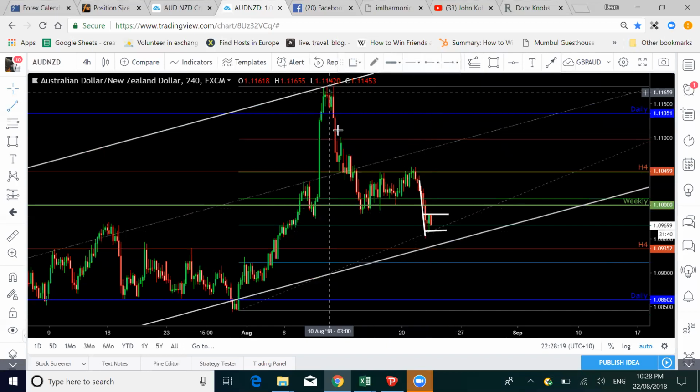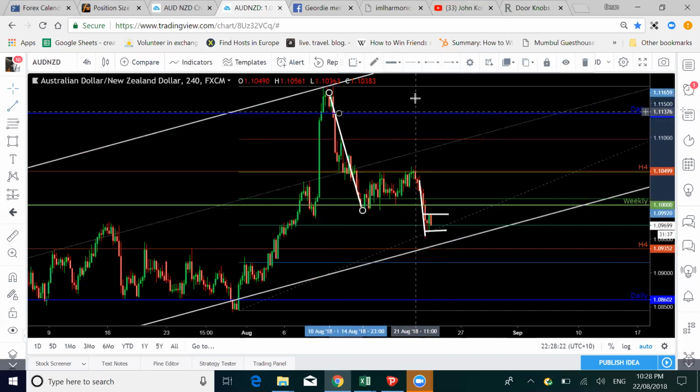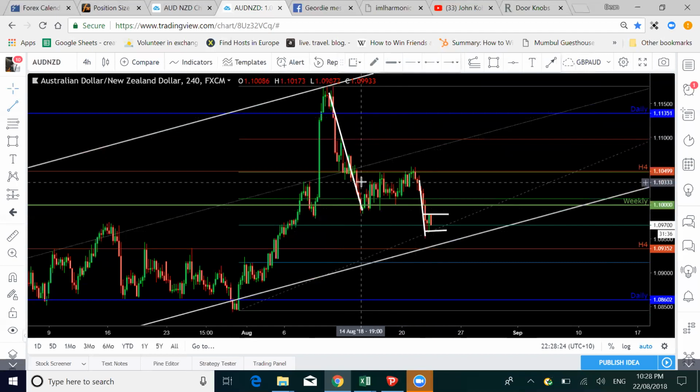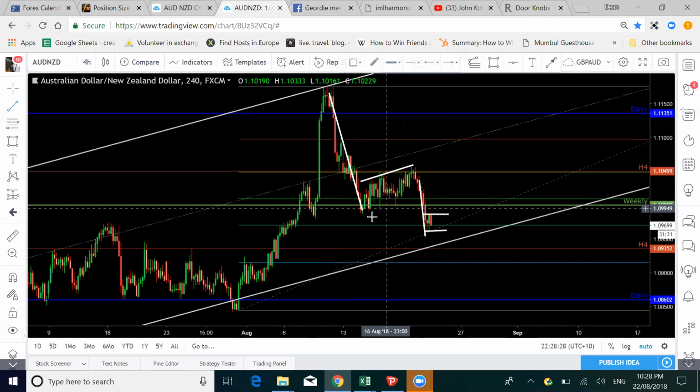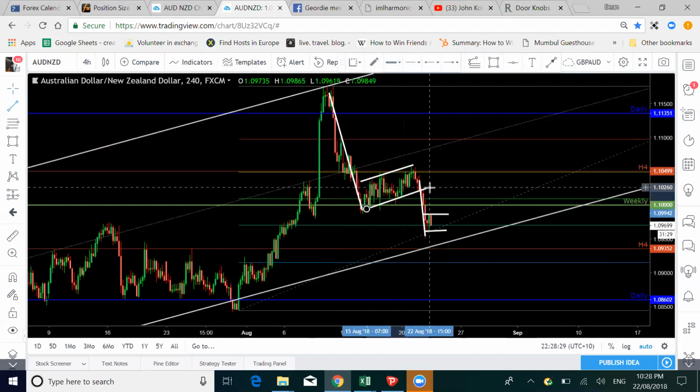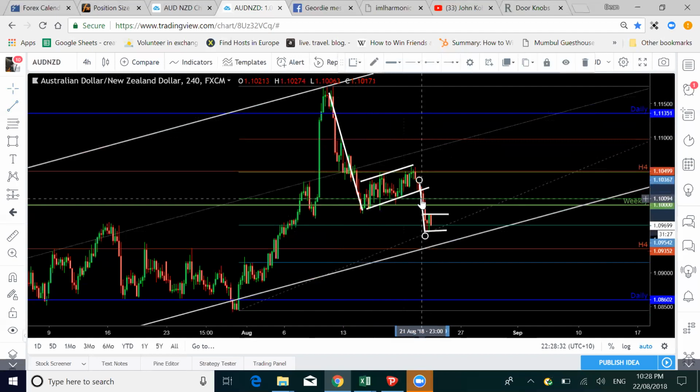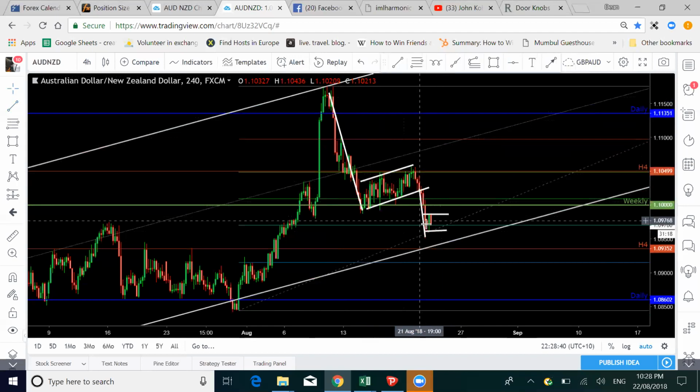Hopefully everyone can see that. There's the impulse down. There's the flag. And then you would get in that trade on the breakout of the flag. You could almost take that bounce off there. So look, certainly some sells in there at the moment.